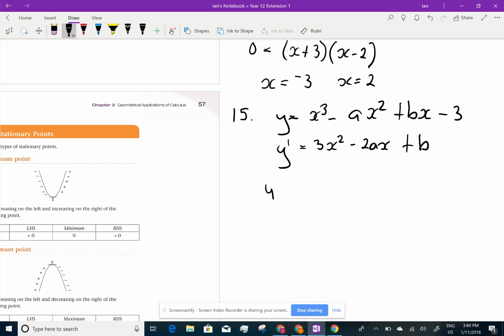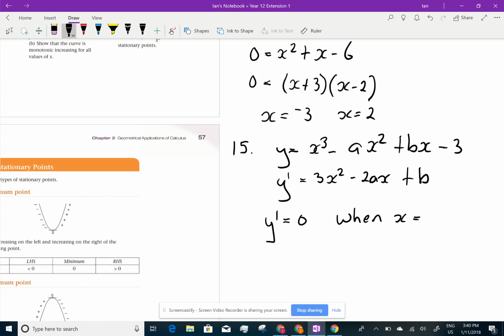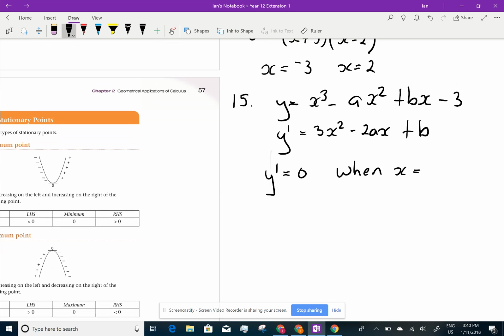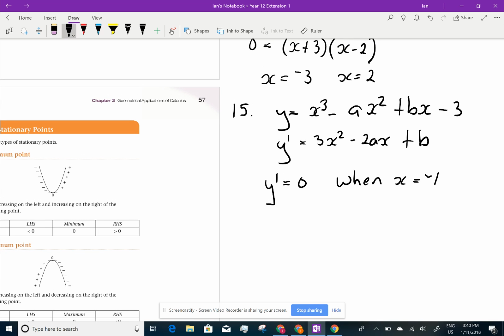Well, that means y dash equals 0 when x equals, what were they again? -1 and 2. -1 and when x equals 2. So we'll put those in and see what we get. So 0, let's put the -1 in first. 3 times -1 squared minus 2a times -1 plus b.